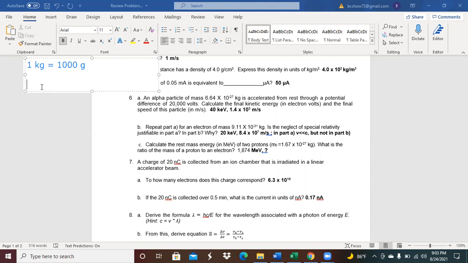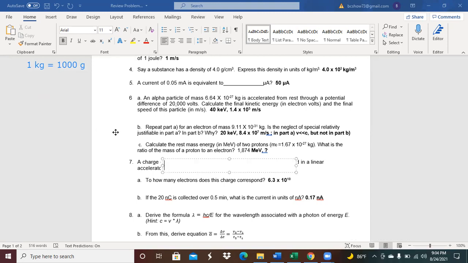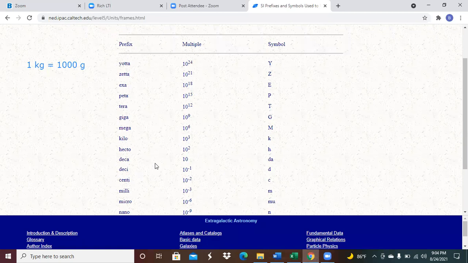We're just going to look at centimeters to meters. If you need to refer back to the chart, you can go back here.